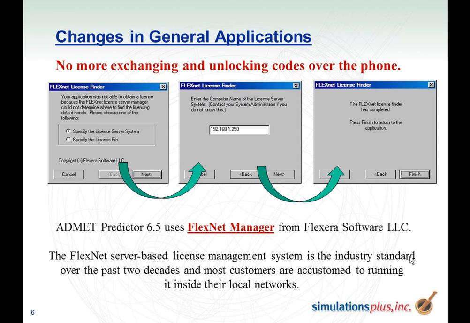One of the biggest changes is that we have done away with exchanging and unlocking of codes over the phone. We now use FlexNet Manager, a server-based license management system that has been used in the industry for the last 20 years. Most of our customers are used to running it on their local networks.